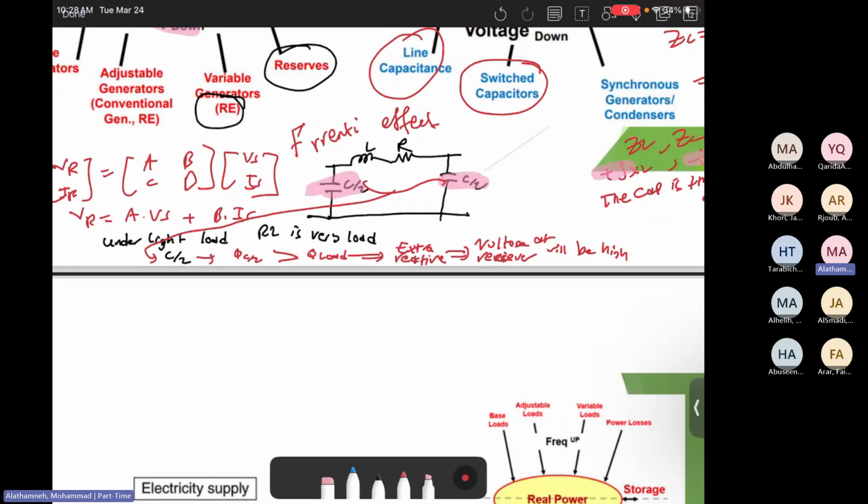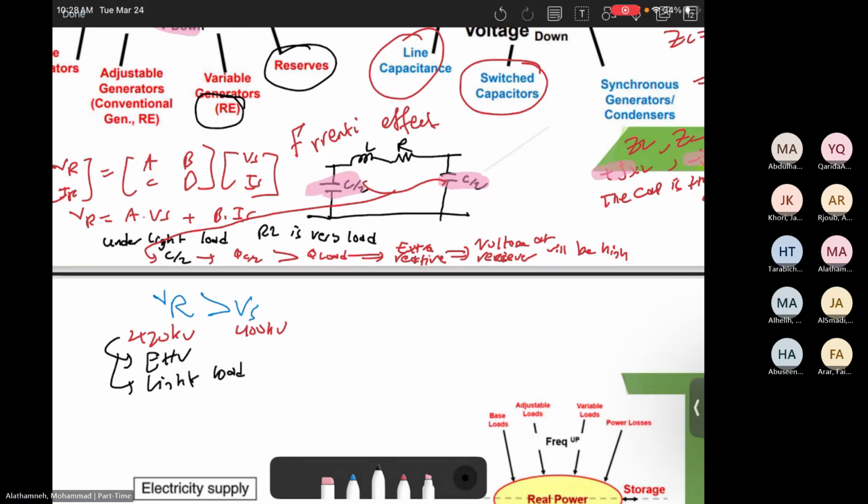So assume at the substation, you are providing, for example, 400 kilovolts. Then at the end will be 420 kilovolts at the receiver. That's kind of weird, but this can happen, especially in extra high voltage, and can happen under light load.